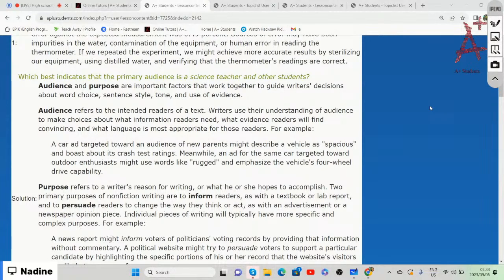It is important because it guides the writer's decisions about the choice of wording. And remember, choice of words depends on who you are writing to, who the intended readers of your text are. Your sentence style, if you are mainly writing for kids, then the style of writing and the tone would be different. Even the font would be different, as well as the use of evidence.